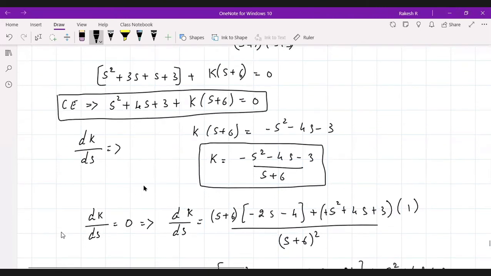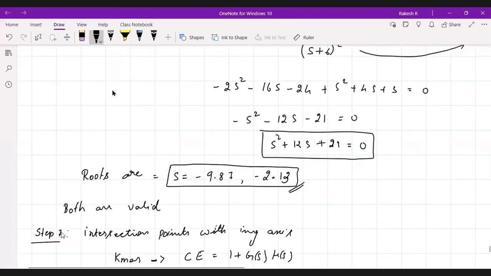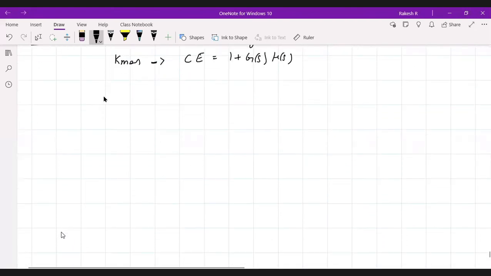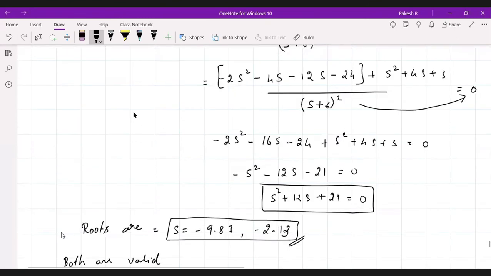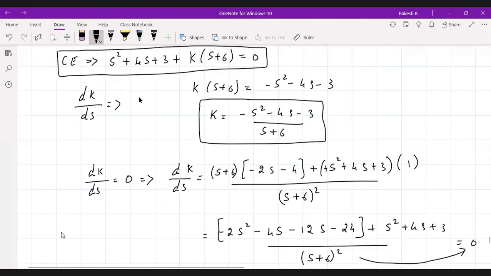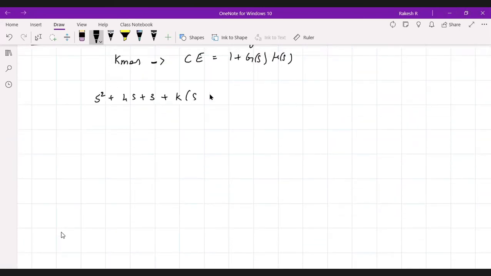So for the characteristic equation, I have s square plus 4s plus 3 plus k into (s plus 6) is equal to 0. Right. I can consider this directly and find out the root locus.